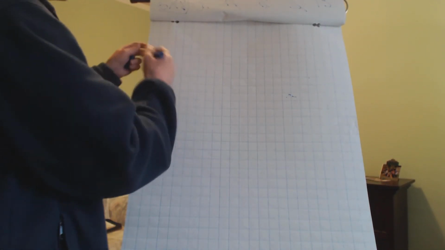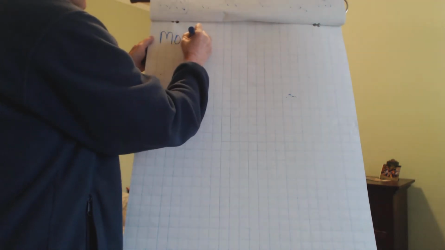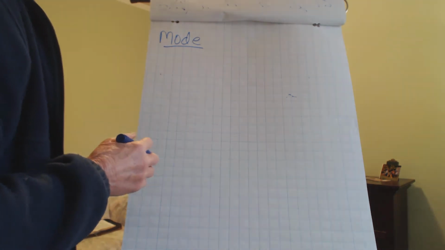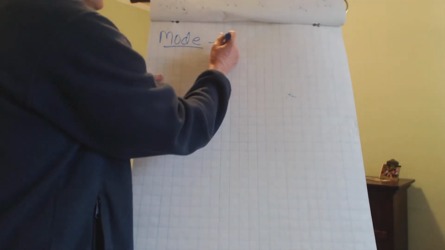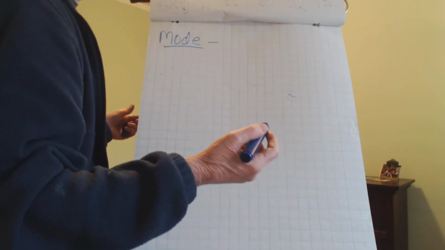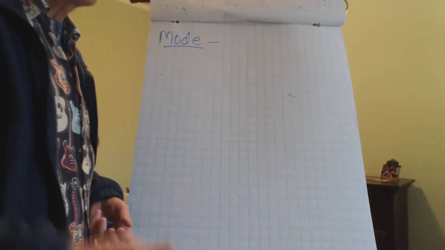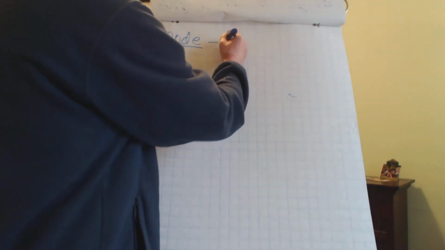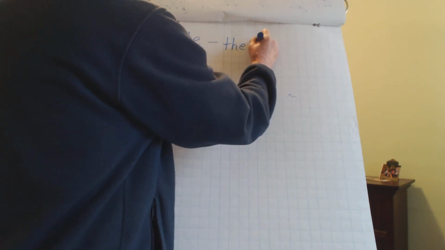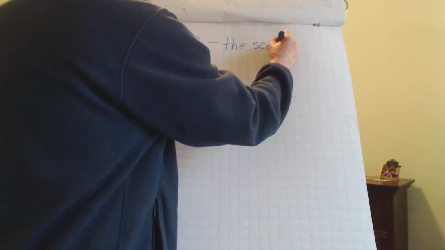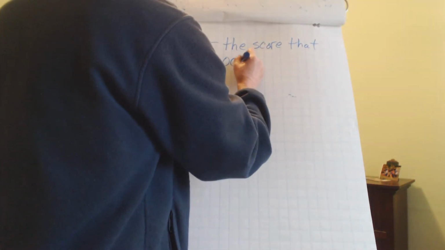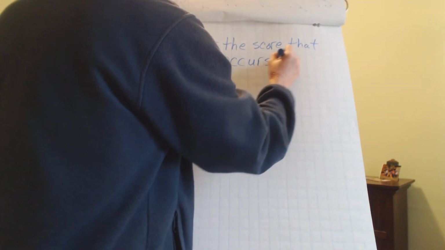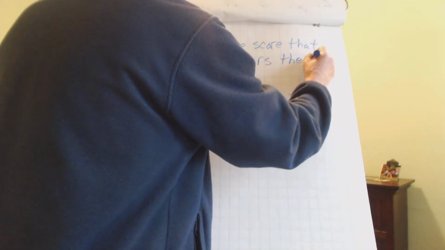So the last two are going to be the mode, and the mode is the mark or the score that occurs the most.